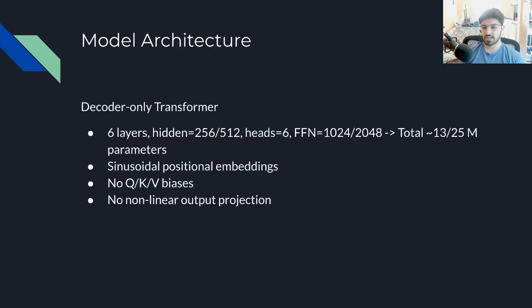My model is a decoder-only transformer with 6 layers, a hidden size of 256 for the 13 million parameters and 512 for the 25 million, 6 heads, a feed-forward network of 1024 or 2048 neurons. I use sinusoidal positional embeddings, similar to the Cramming paper.